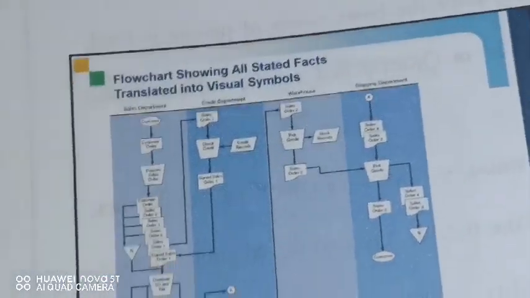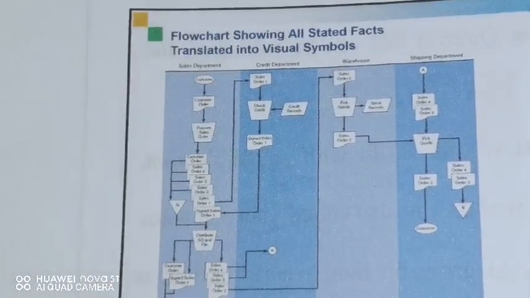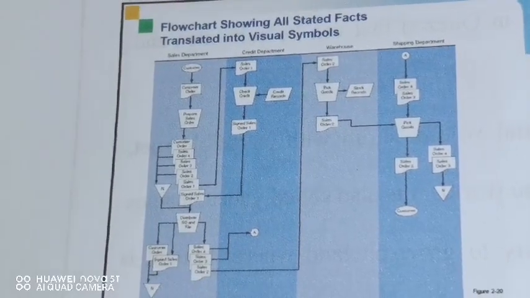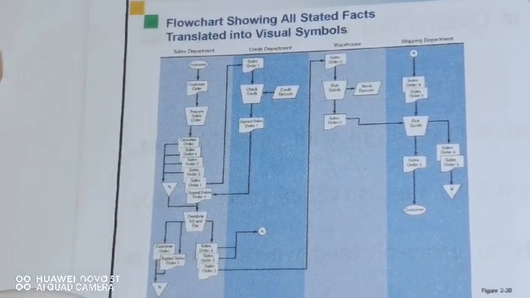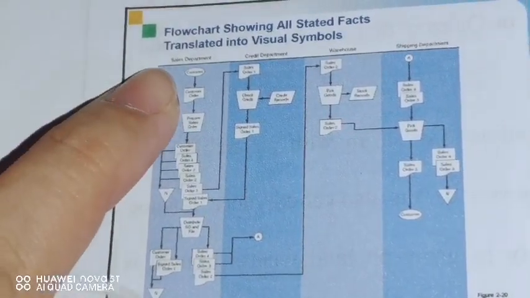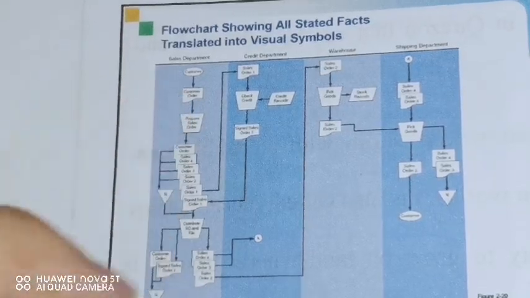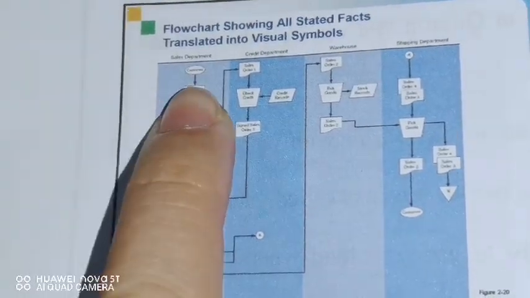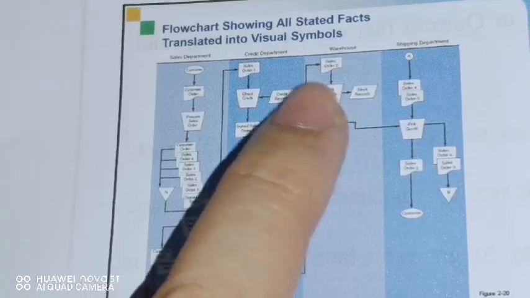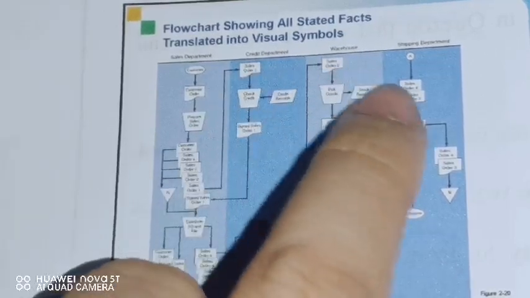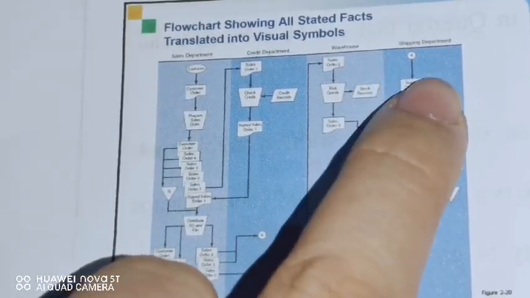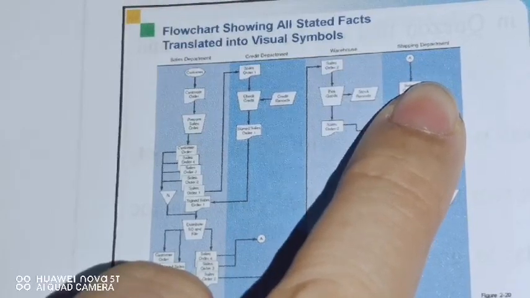And then the next one is the flowchart showing all stated facts translated into visual symbol. Okay. So here, you can see it is divided into departments. The sales department, credit department, warehouse department, and then the shipping department.